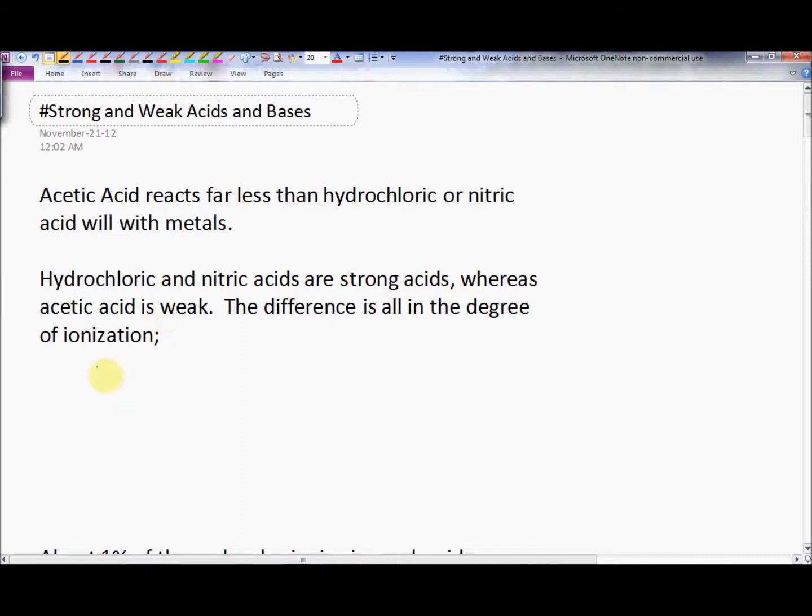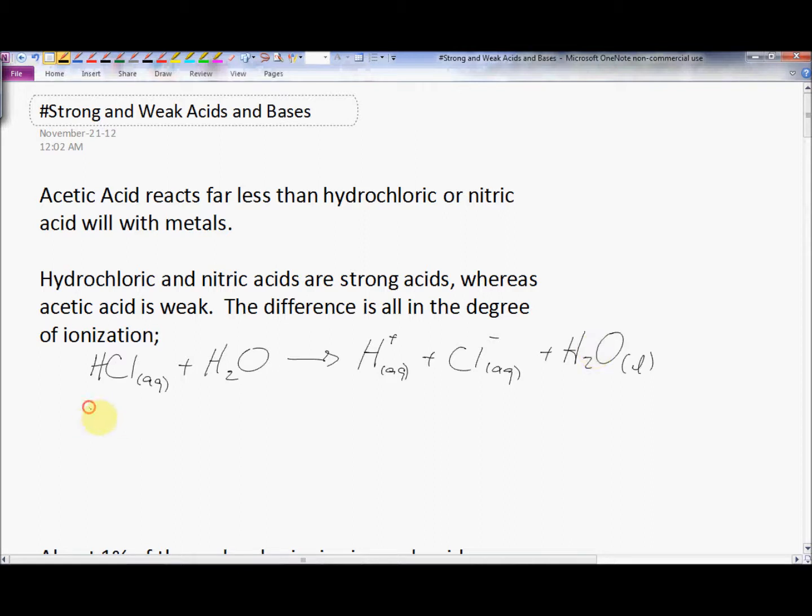So for example, as we've seen before, put hydrochloric acid together in water, and what we get is a full ionization of the hydrochloric acid molecule. So we get some hydrogen ions and we get some chloride ions in with the water, and eventually the hydrogen may combine with the water to create a hydronium ion.